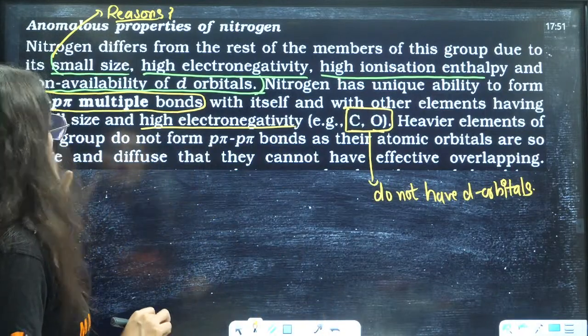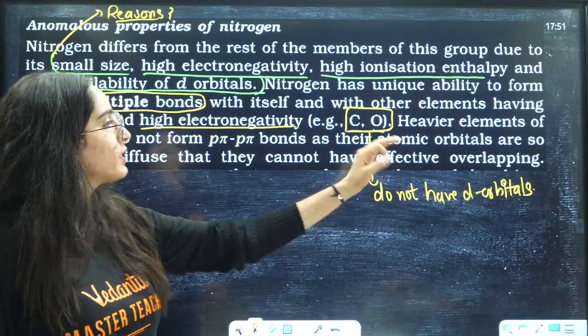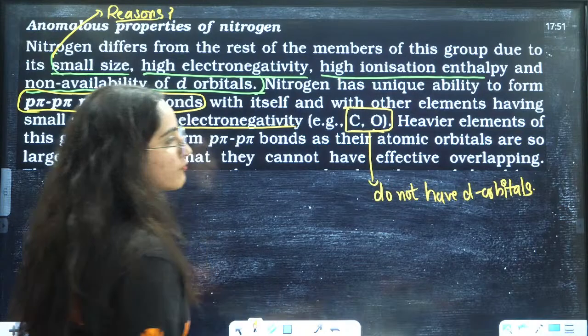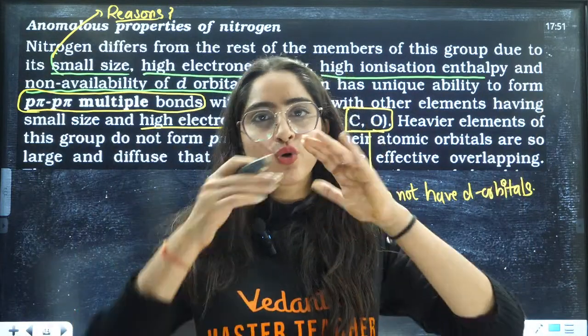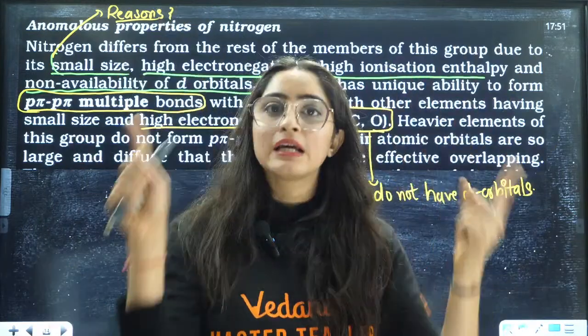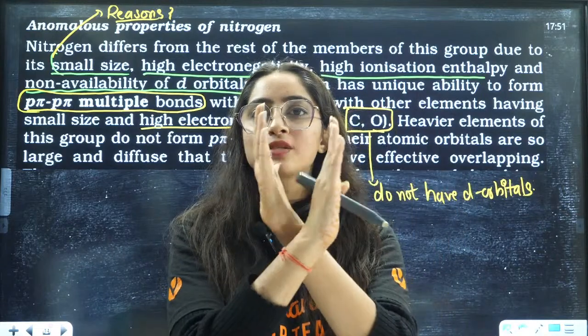Heavier elements of this group do not form p-pi bonds as the atomic orbitals are large and diffuse, so they cannot have effective overlapping, right? As I told you yesterday also, heavier elements will not be able to form because the shell will increase, the size will increase, and pi bond is due to sideways overlapping.